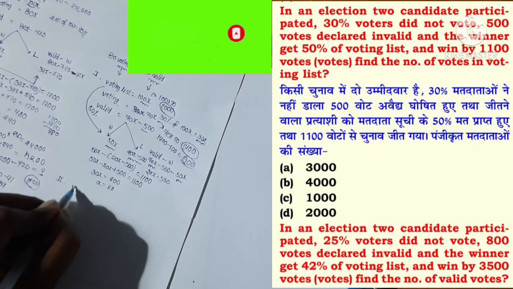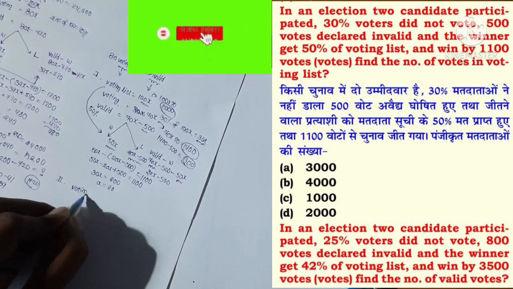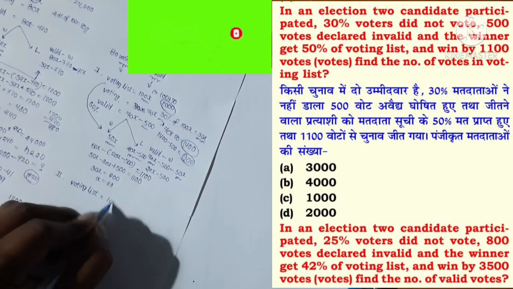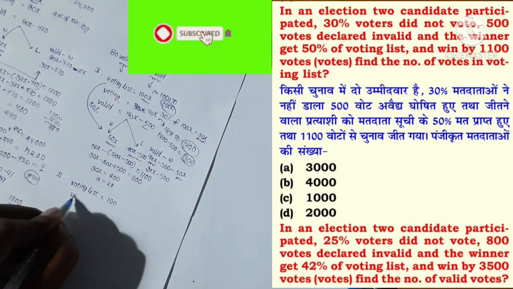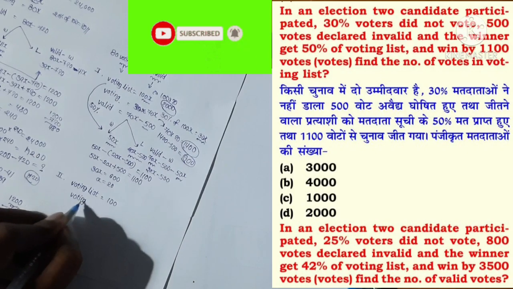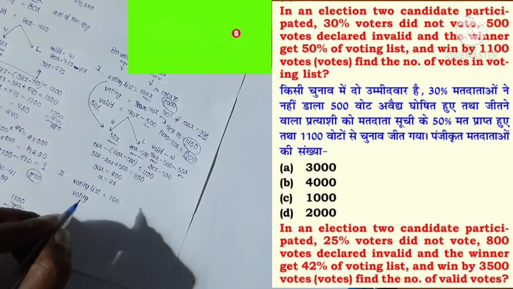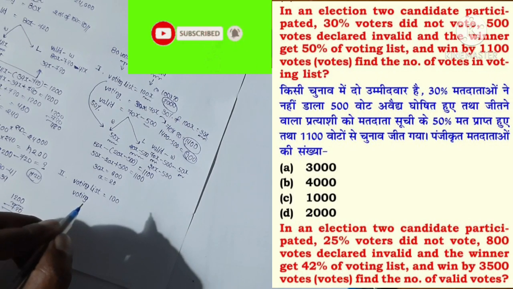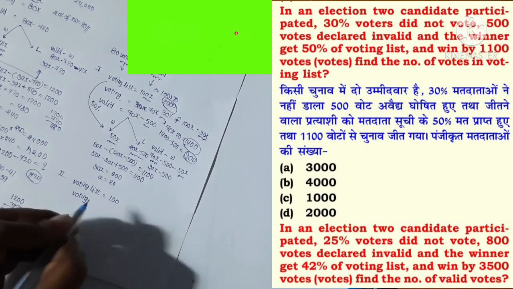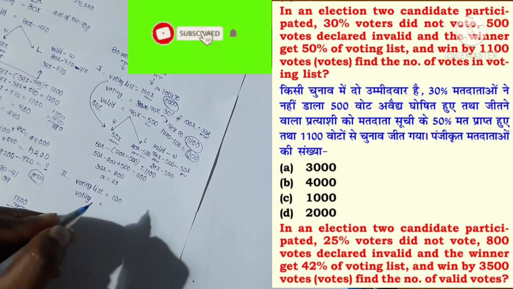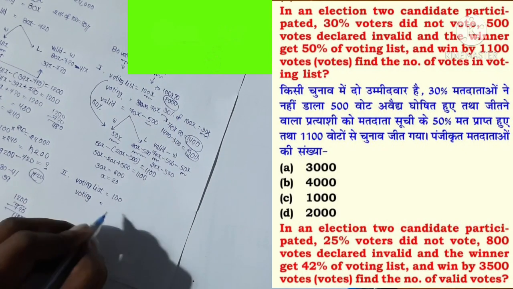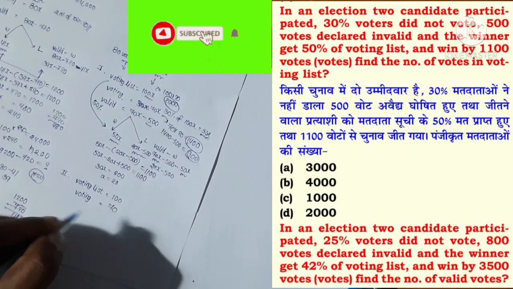Okay, so take the voting list as 100. 30% did not cast their vote. So 30% of 100 is 30, and 100 minus 30 means voting is 70.